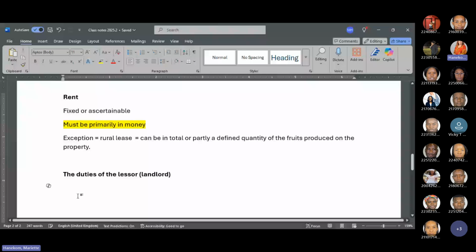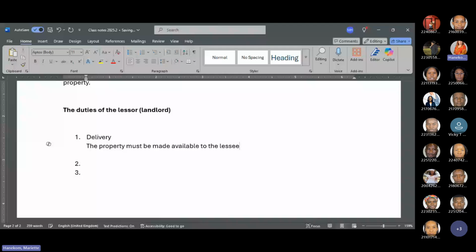Delivery in this context has a similar meaning to what it has in the law of purchase and sale. Delivery means that the property must be made available to the lessee in such a state that the lessee must be able to take free and undisturbed possession of the property.